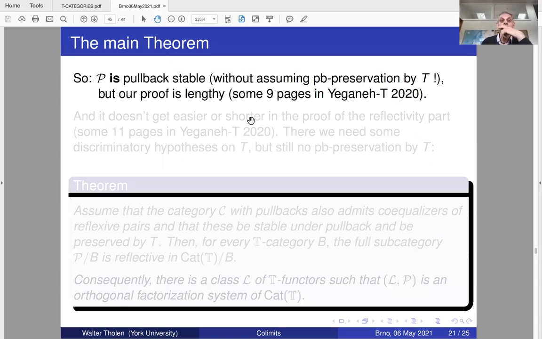So in any case, we do have that even without pullback preservation of T, which is important because the ultrafilter monad doesn't preserve pullbacks.